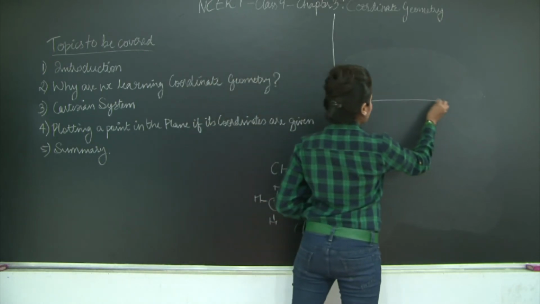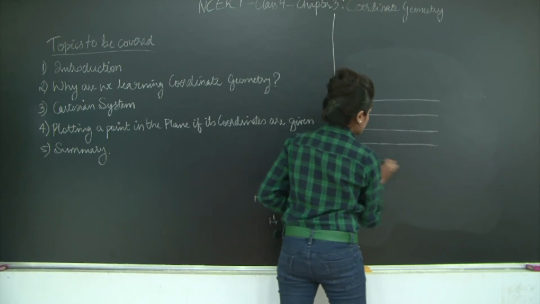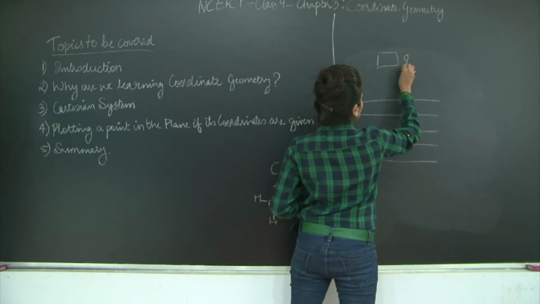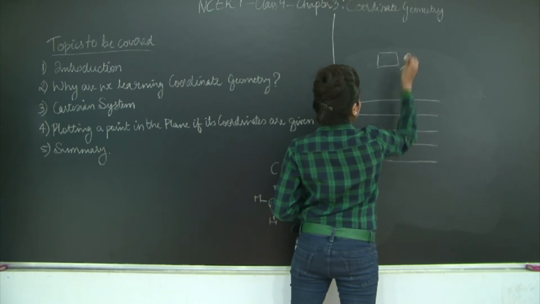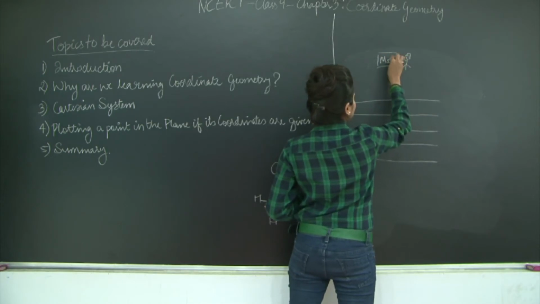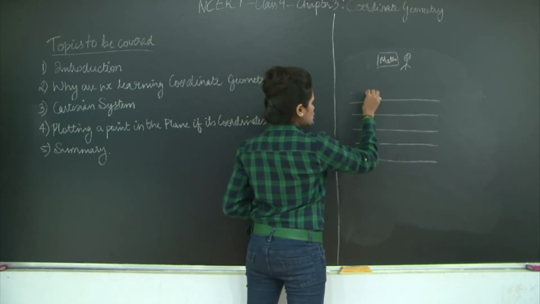So I have my classroom, these are the rows and my teacher is here teaching on the blackboard. Okay, she is teaching you maths. Let's say it is me and there are students here.